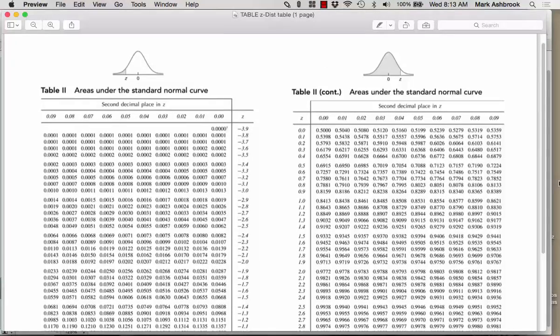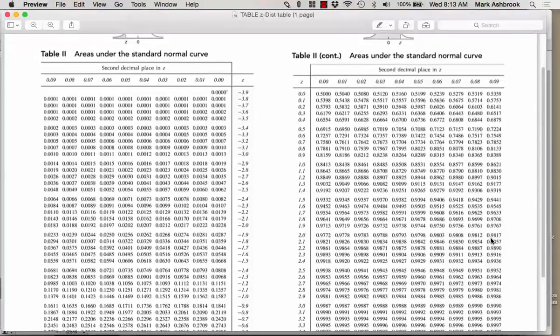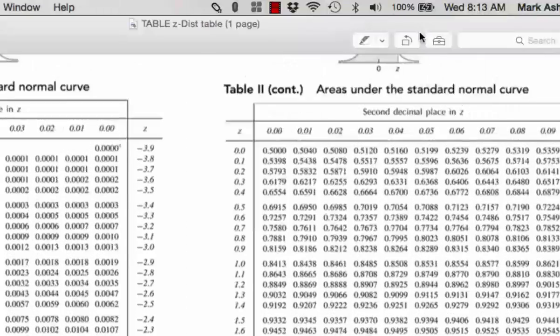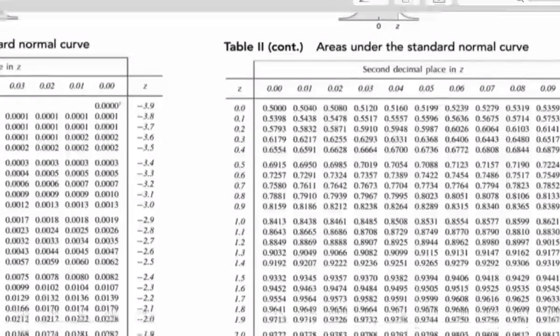1.82. Is that the first one? Okay, so for 1.82, in this column, I'm going to look for 1.8, and then in the 0.02. So that combines to a z-score of 1.82. Everybody see that?